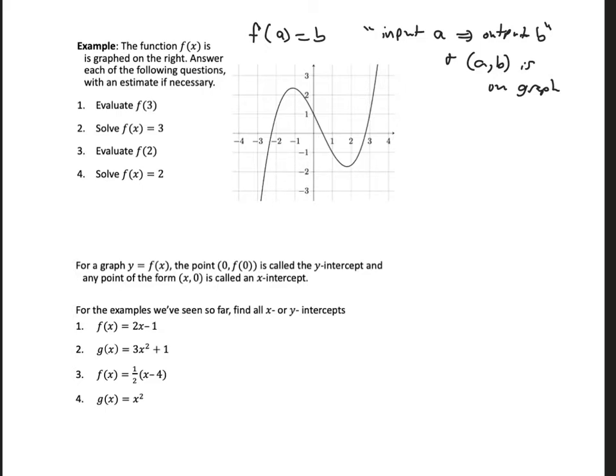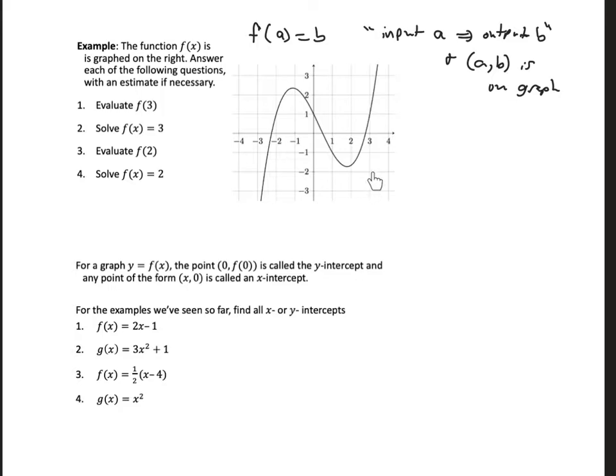So when we see a question like evaluate f of 3, the 3 is the input, so the input is the first coordinate. We're looking at points that have first coordinate 3. The question is, what's f of 3? Well, I want the point on the graph when the input is 3.